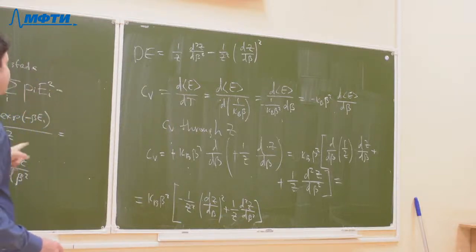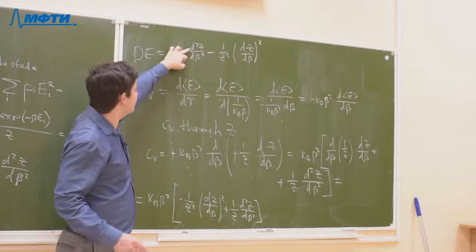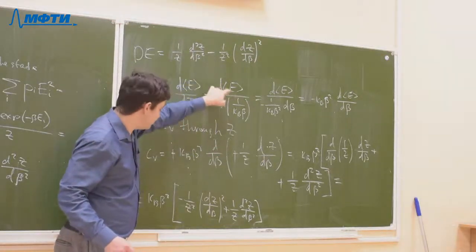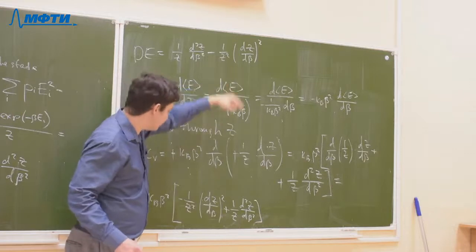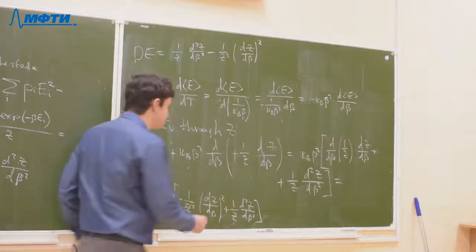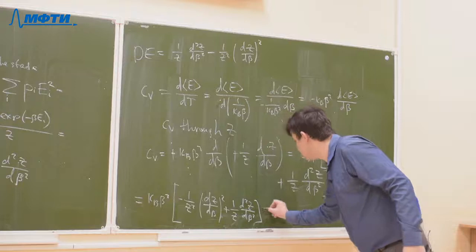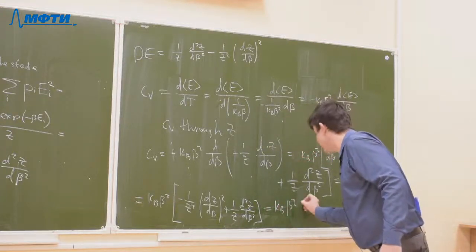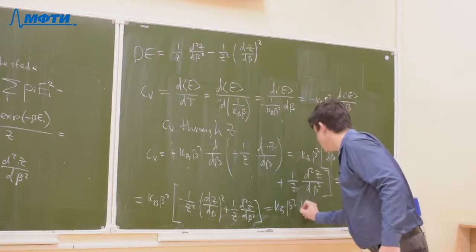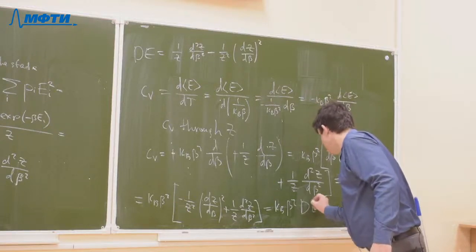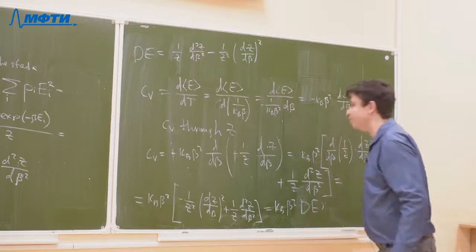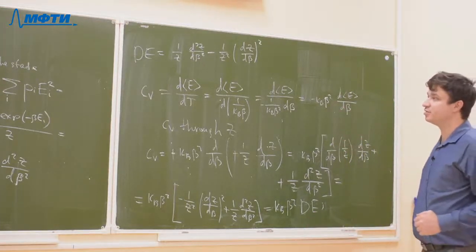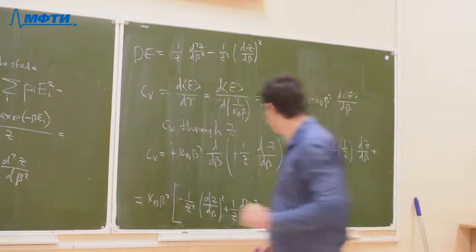Okay, so this is 1 over Z multiplied by the second derivative, this is this term, minus 1 over Z squared multiplied by the derivative squared, this is this term. So exactly what I have here is kB multiplied by beta squared times the variance of energy, dE.